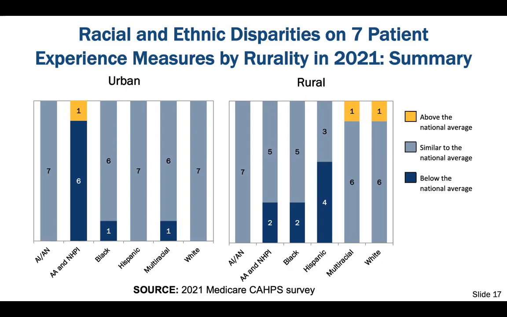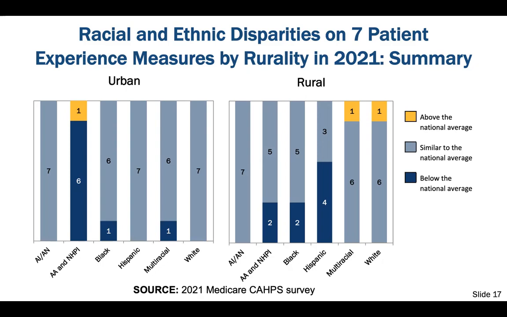And so in some sense, you can unpack that overall pattern to realize that there may be a particular need to focus on rural areas. In contrast, if you look at the Asian American NHPI group, although the picture is still negative, the patterns are actually more positive in rural than urban areas.